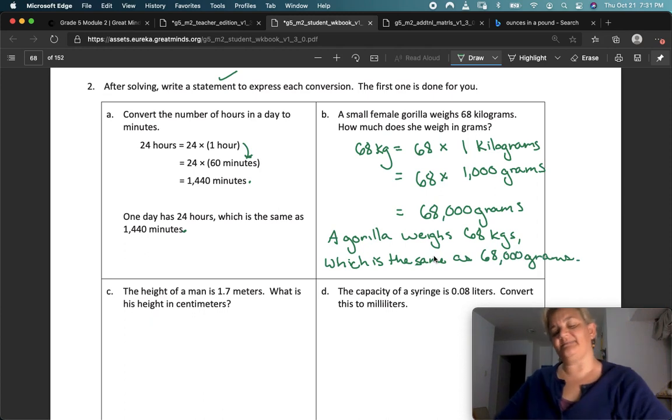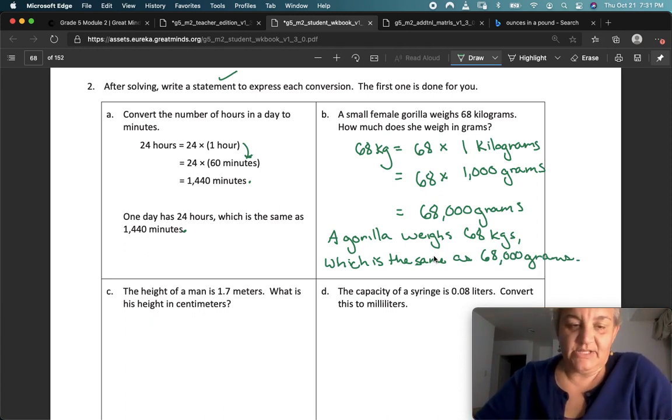Okay, this is math class, not language arts class, so you don't have to get too creative with your sentences. If you want to, you can, but you can just follow the same format that they've created for us. That's what I did there, okay?